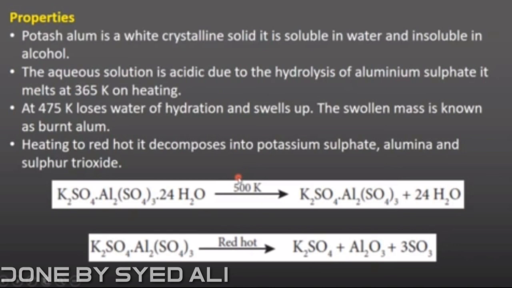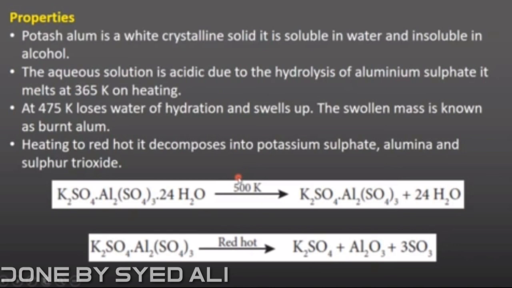Properties. Potash alum is a white crystalline solid. It is soluble in water and insoluble in alcohol. The aqueous solution is acidic due to the hydrolysis of aluminium sulfate. It melts at 365 Kelvin on heating. At 475 Kelvin, it loses water of hydration and swells up.